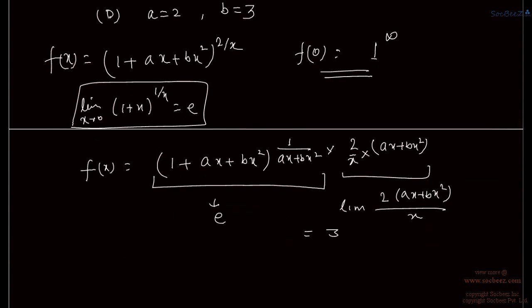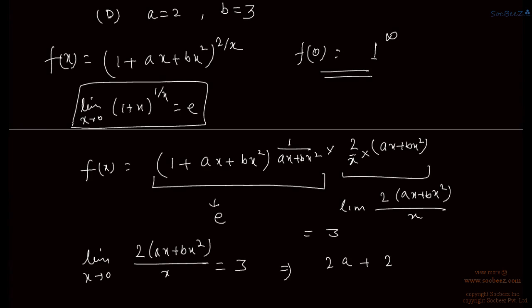So this must be, that is, limit 2 times (ax plus bx square) upon x as x tends to 0 must be 3, or we can write 2a plus 2bx, as x tends to 0, must be 3.